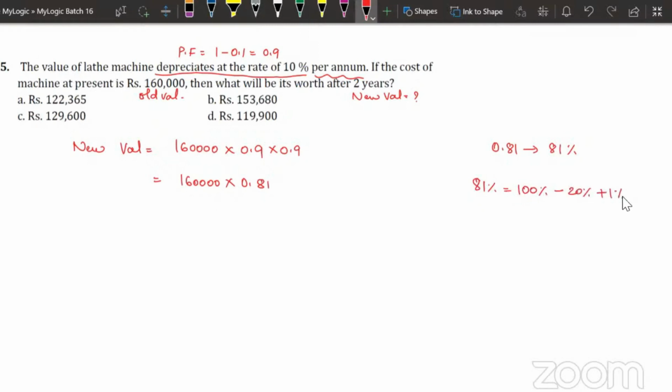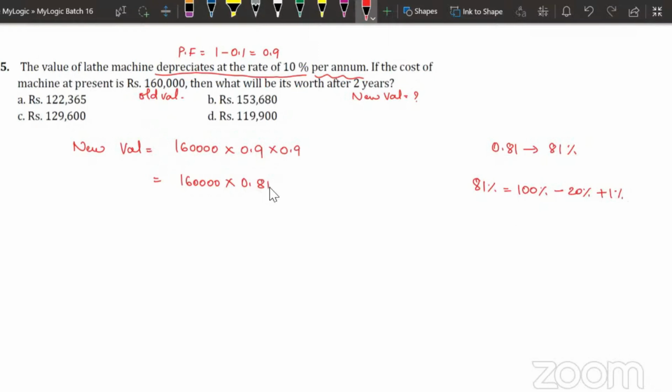This is how calculations will be done for percentages, because you will not be allowed to use calculators in your aptitude exam. Whatever aptitude exam you are taking, whether it is PGCET, CUET, any placement aptitude, or CAT, MAT exams, they do not allow the use of calculators. So you should know how to do such quick calculations.